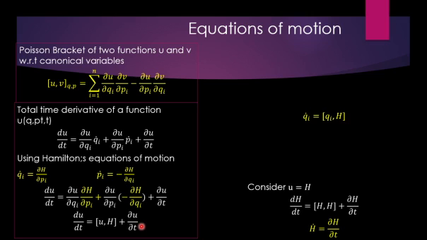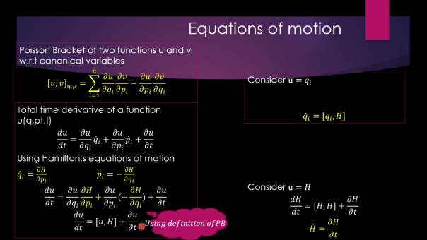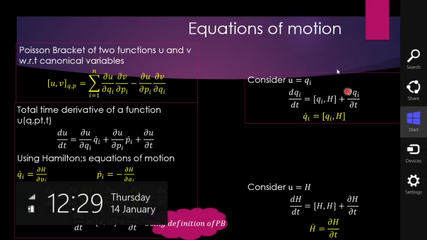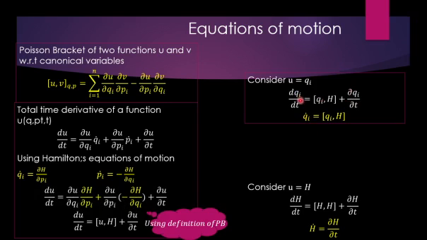Okay. So now we'll substitute u as qi. You'll get dqi/dt equal to the Poisson bracket of qi with H plus ∂qi/∂t, and q doesn't have any explicit dependence on time, so this partial derivative will be 0, and hence qi dot is equal to the Poisson bracket of qi with the Hamiltonian.